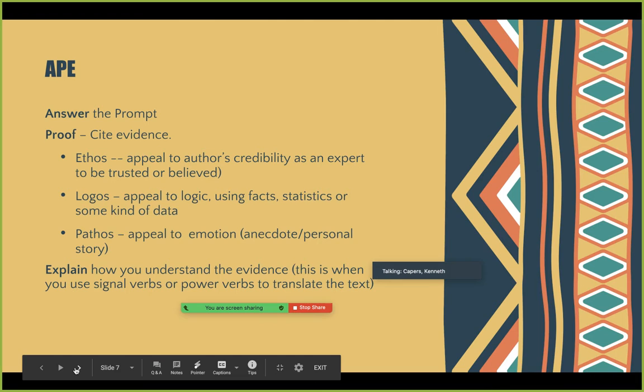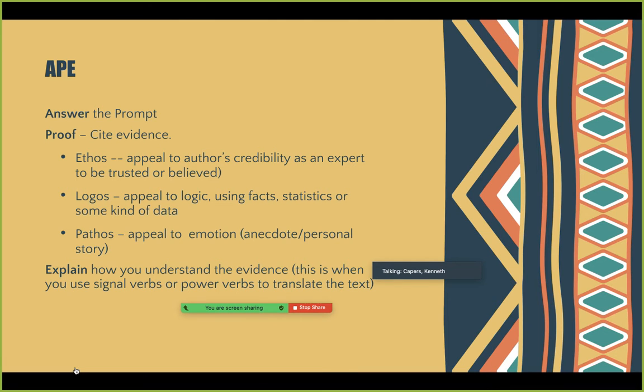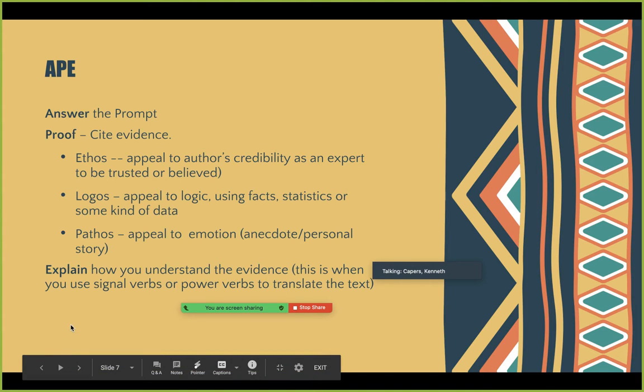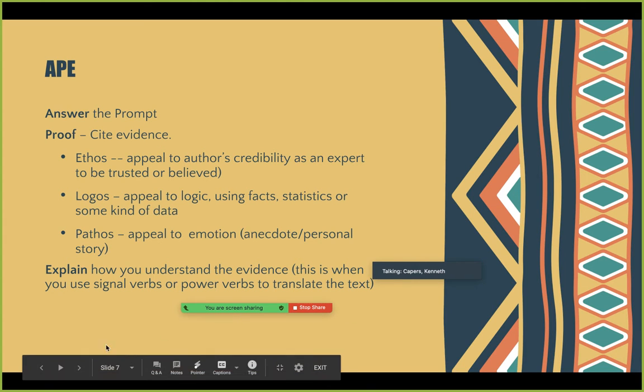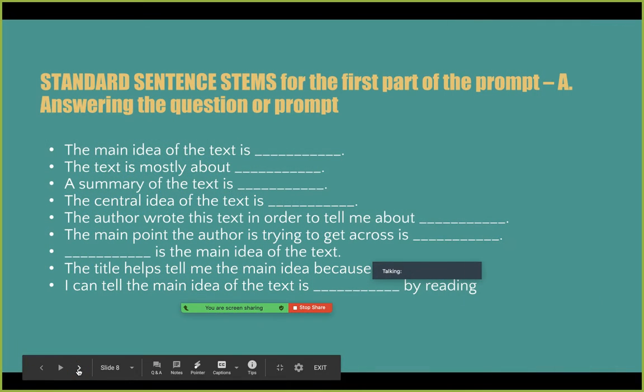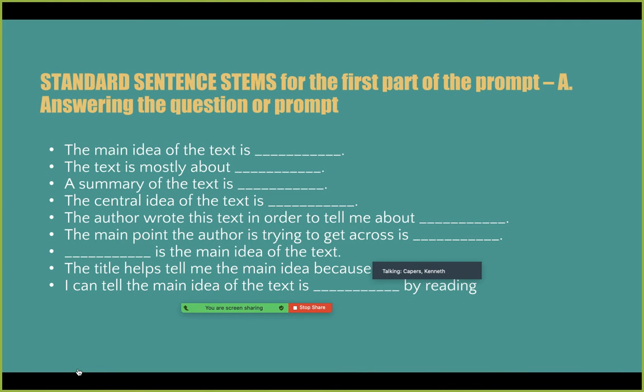And then that evidence is how you're going to get me to know that you understood that. So again, you're going to use APE: answer the prompt, which you see there, cite evidence, and then look at what type of evidence. This is using your prior knowledge about understanding the rhetorical appeals. Big important part, explain how you understand the evidence. And again, this is when you will use some of those signal verbs or power verbs. So what I've done is you're all going to be in this presentation in a minute.